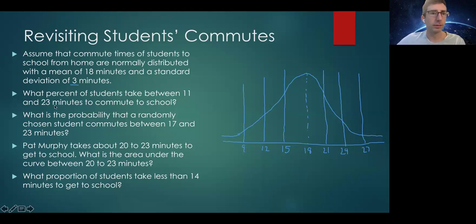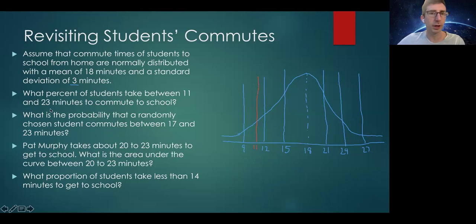So between 11 and 23 minutes, let's find that on our x-axis of our normal distribution. 11 is just under 12, so it's somewhere right in between here, closer to 12 than to 9.